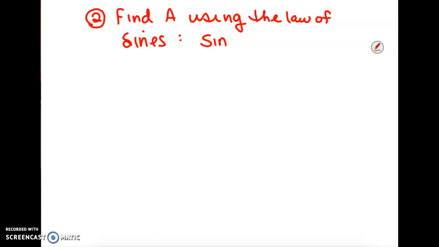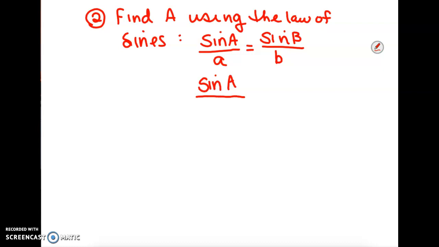The sine of angle A over side A equals the sine of B over side B. Sub in, angle A is unknown, side A is 6, sine of angle B, which is 127 degrees, that's what we found in step 1, and then side B, which is 9.